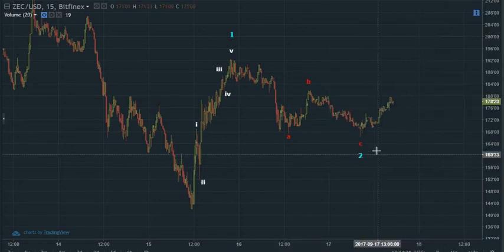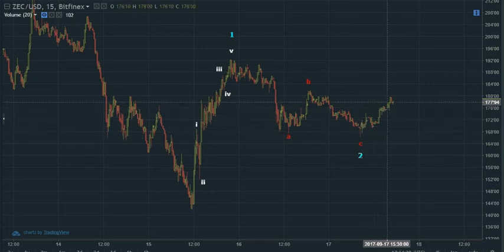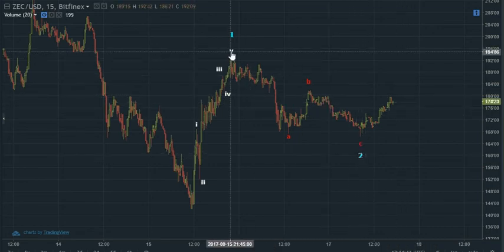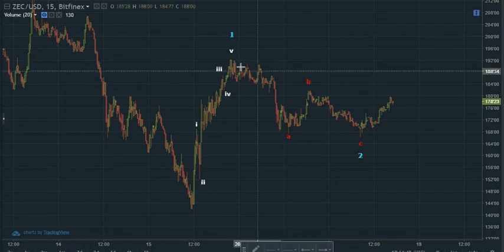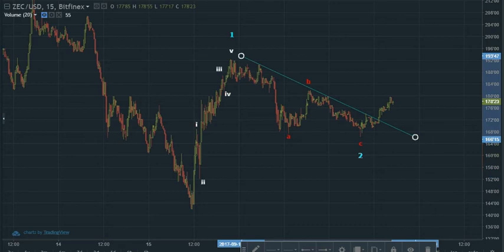What we need to see here is an impulsive move. I'm seeing 1, 2, 3, 4, maybe 1 up to perhaps indicate that this too is in. Remember, the first sign of a trend reversal is a 5 wave impulse up.